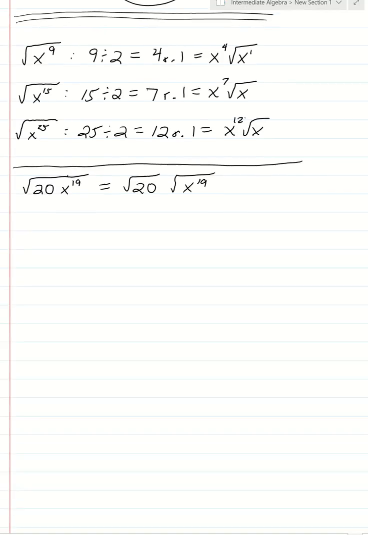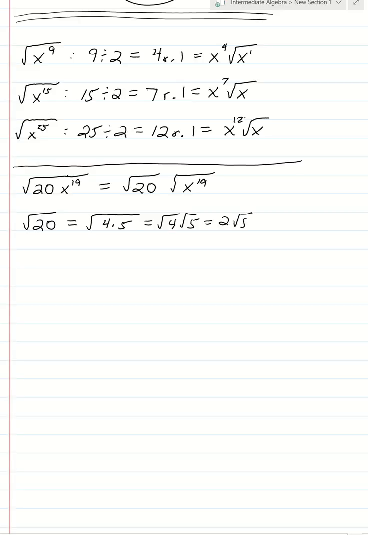Now let's take the square root of 20 first. I need to come up with two numbers, one of them being a perfect square, so I'll use the square root of 4 times 5. Now we break this up into the square root of 4 and the square root of 5. The square root of 4 is a perfect square, giving us 2 square root of 5. So this would be your simplified first part.